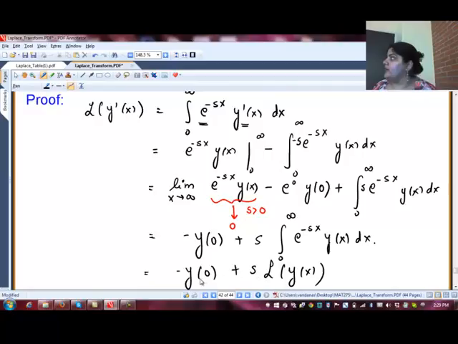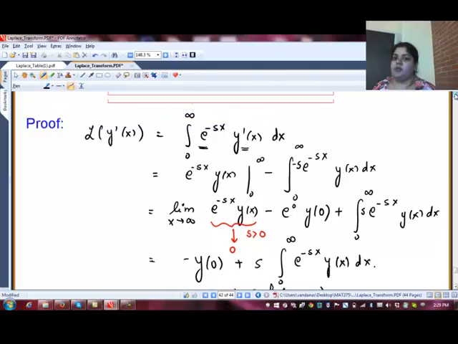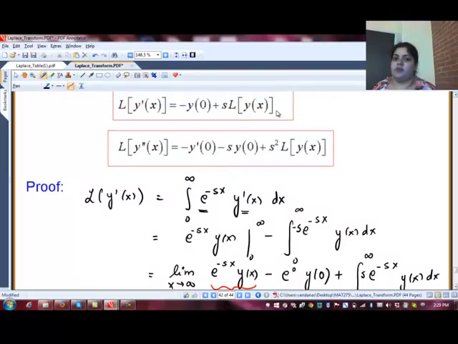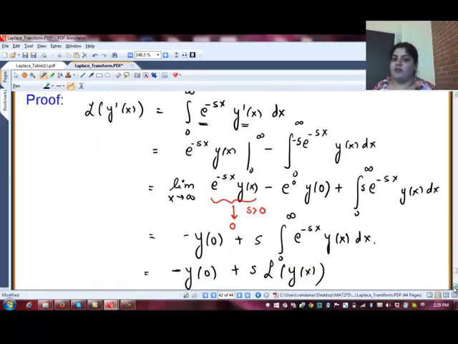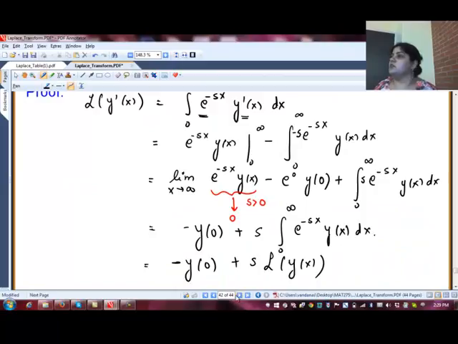S is already here, y0 is here, and a negative sign is here. Now this is the formula which was there in the slide, and that's what I was deriving by definition. So we get this.